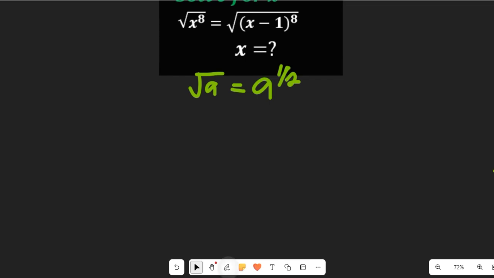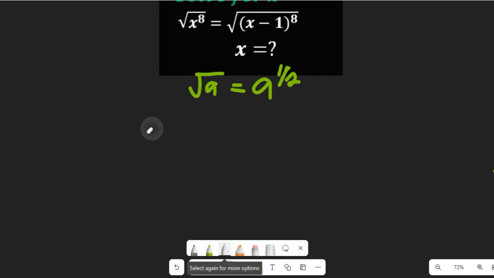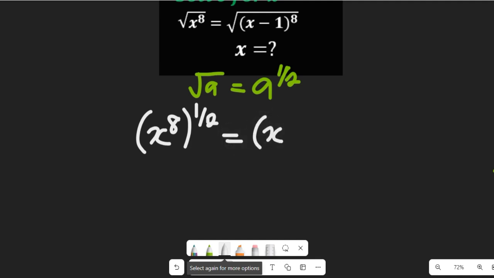If we remove the square root from both sides, we'll have x to the power of 8 all to the power of 1 divided by 2, equal to (x minus 1) to the power of 8, all to the power of 1 divided by 2.